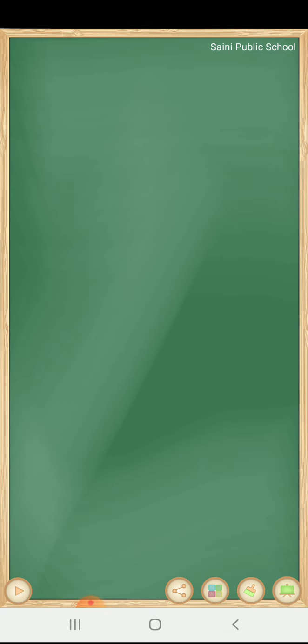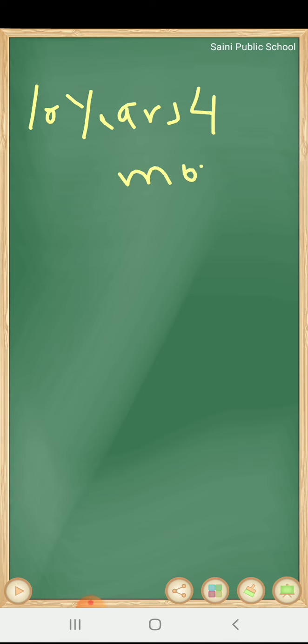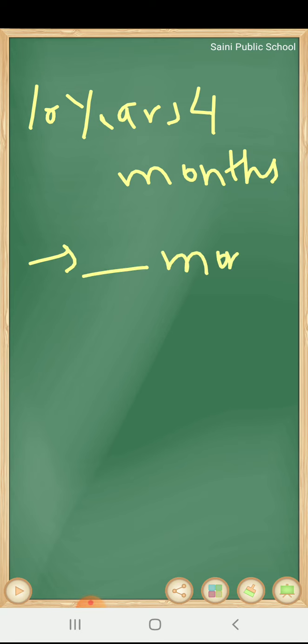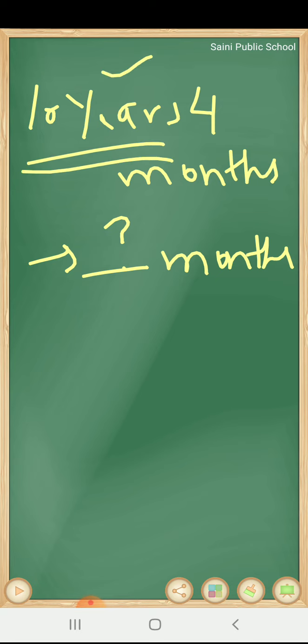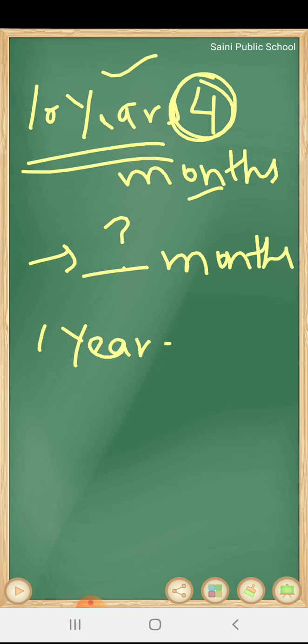Suppose a question is given in which both years and months are given to you. Suppose the question is conversion of 10 years 4 months into months. How many months are there? Now we know that for conversion of years into months, we will multiply the number by 12 and then we will add the given months. 1 year is equal to 12 months.